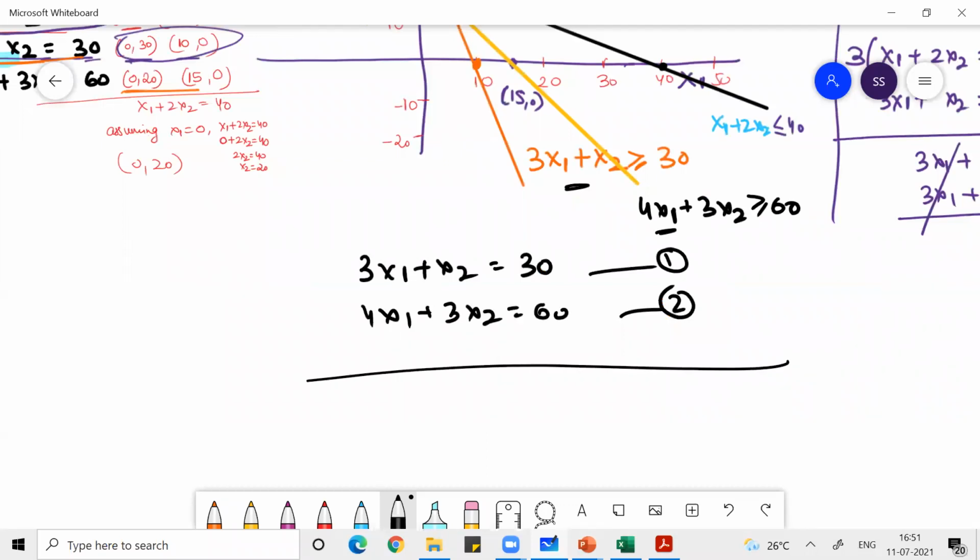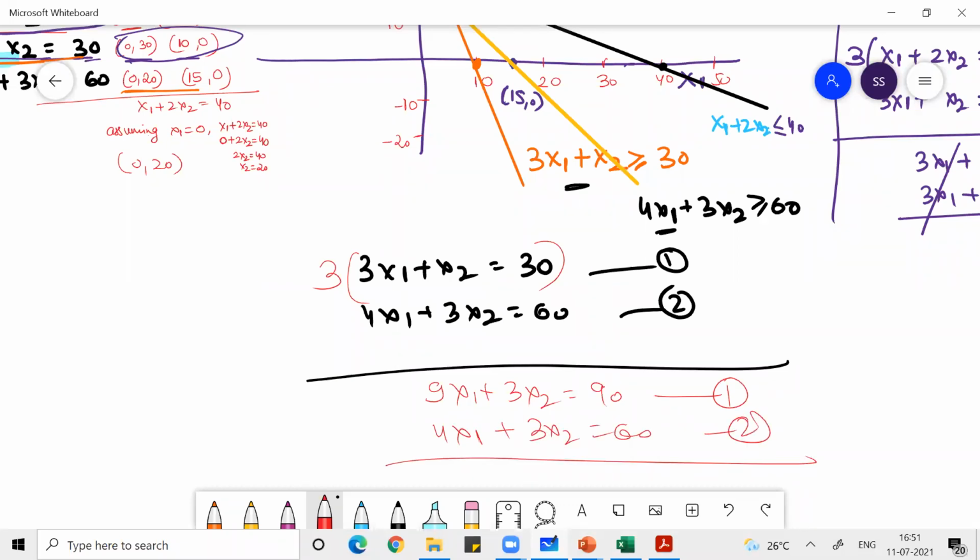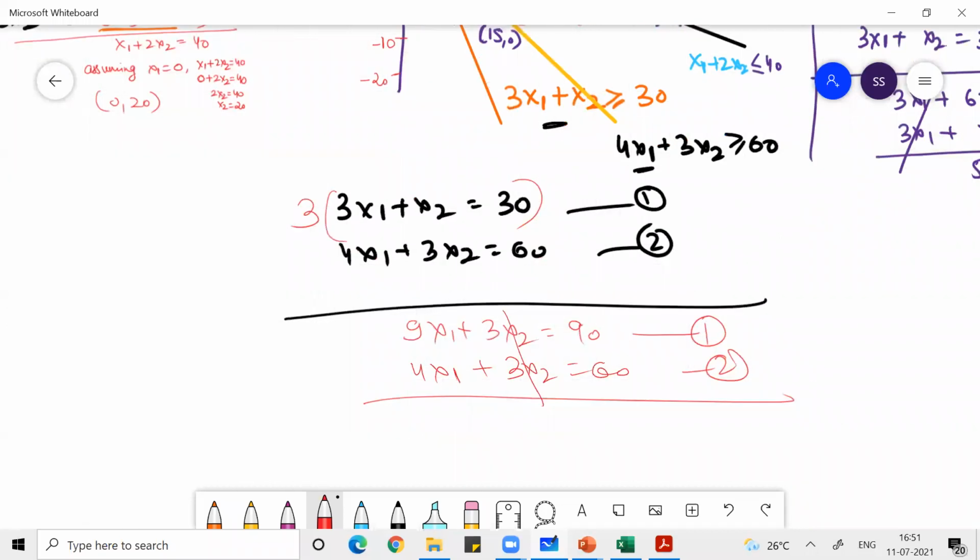If I want to cancel x2, I'll multiply the first by 3 and I'll get 9x1 plus 3x2 equal to 90. Your second equation is 4x1 plus 3x2 is equal to 60. Subtract the second from the first and you will get 5x1 is equal to 30.